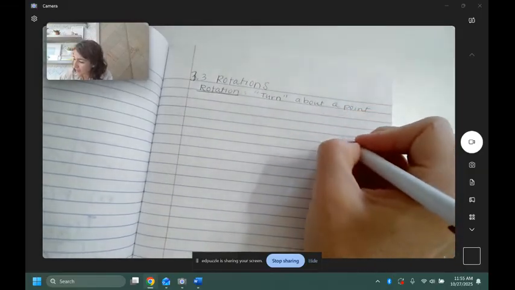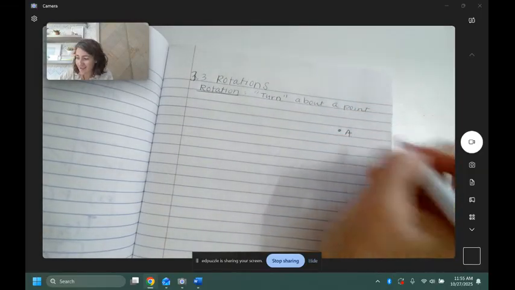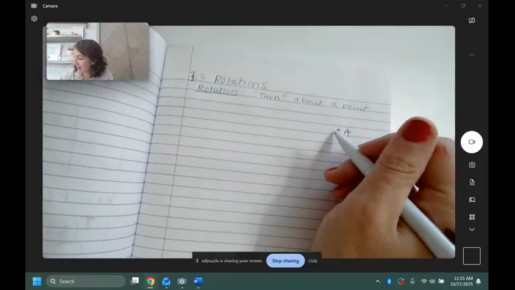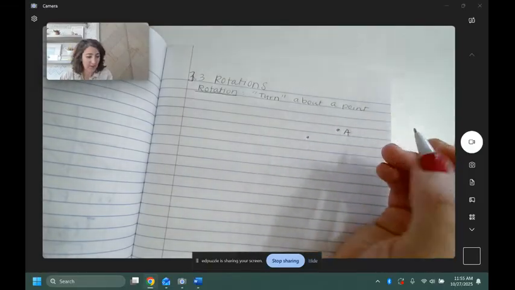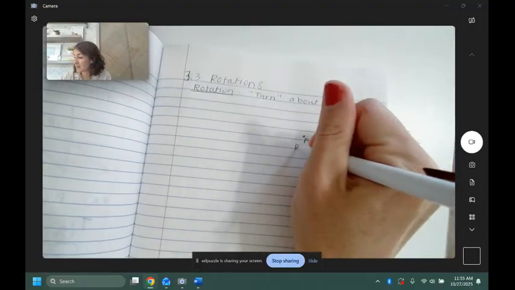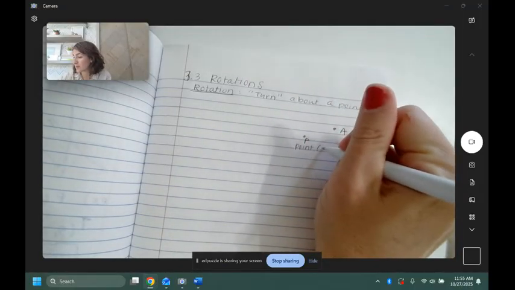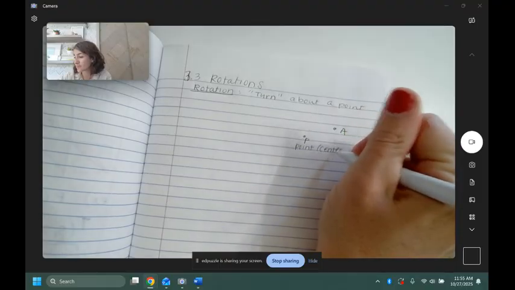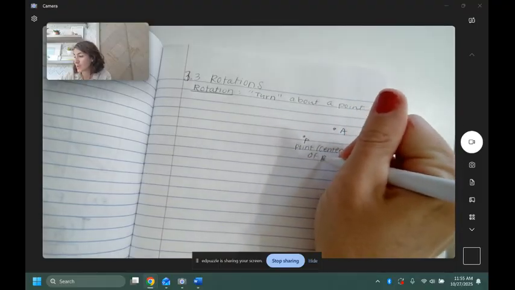So say I had here point A, and I have a point P. This could be the point or center of rotation.